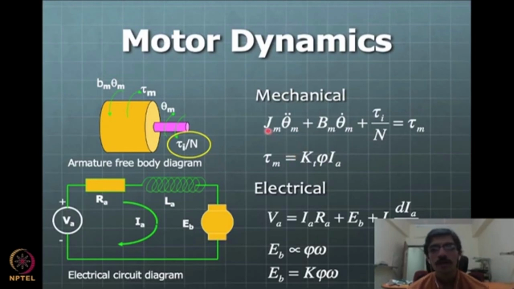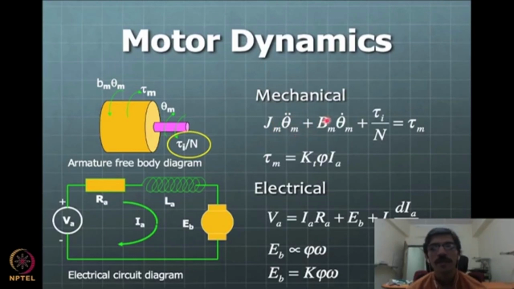Now here, in the mechanical domain, we have J theta double dot. J is the mass moment of inertia of whatever is rotating along with the motor shaft. Theta double dot is the angular acceleration.